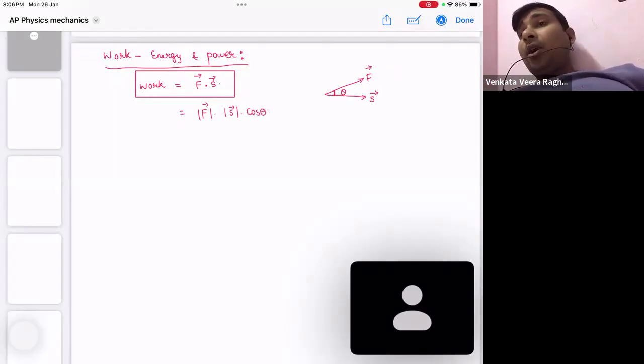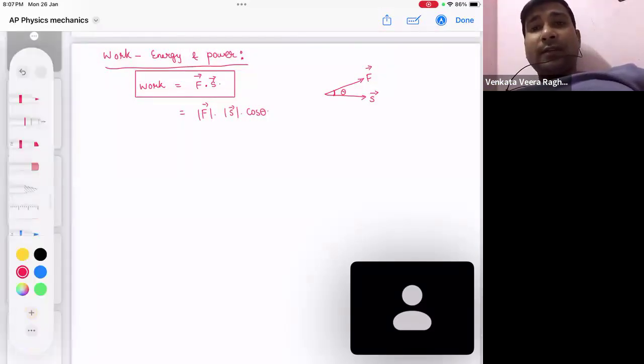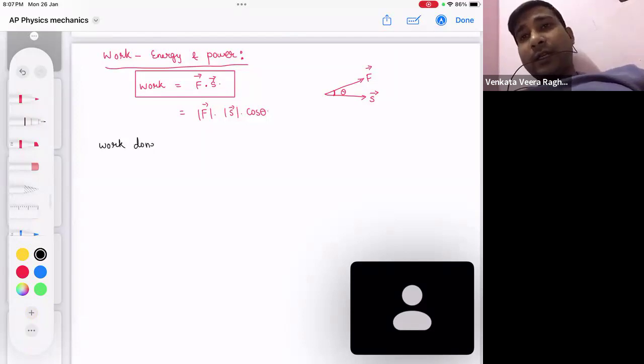But always we will not find a constant force. Sometimes the force we will find is going to be a variable one, isn't it? We have written this method for a constant force. Work done by variable force: variable force means that force whose either magnitude is changing or direction is changing or both of them are changing.